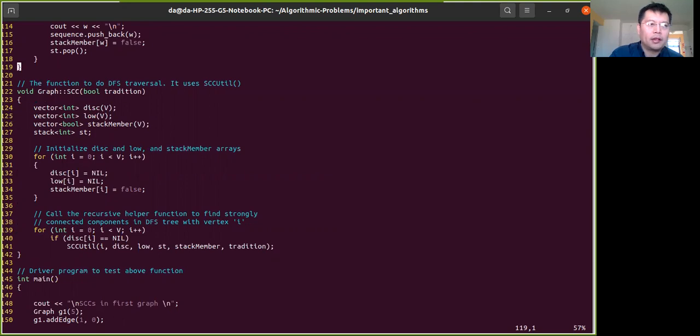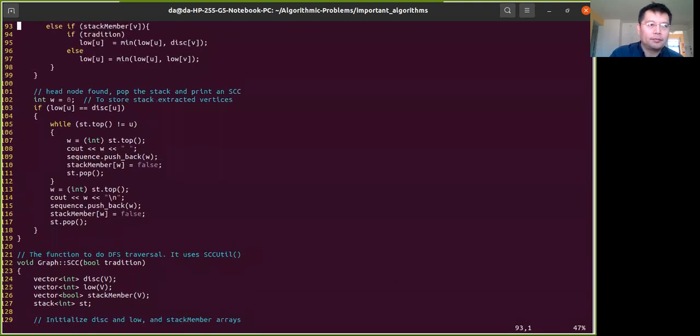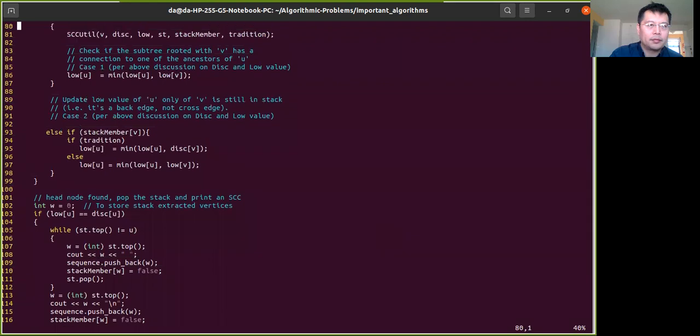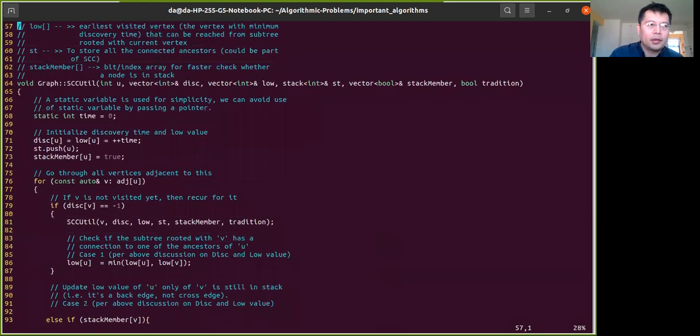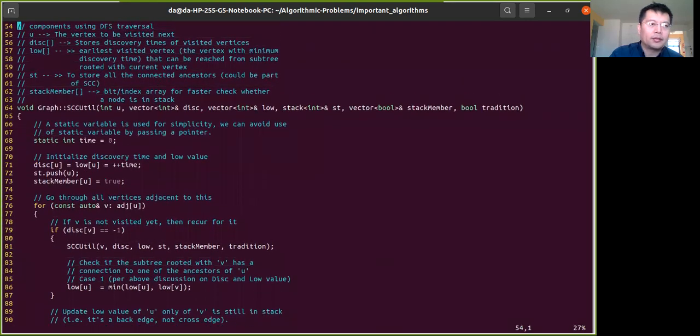So where is the DFS? The DFS is here. This function, SCC util, is the DFS. It's a member function of the graph class, but what it does is DFS.